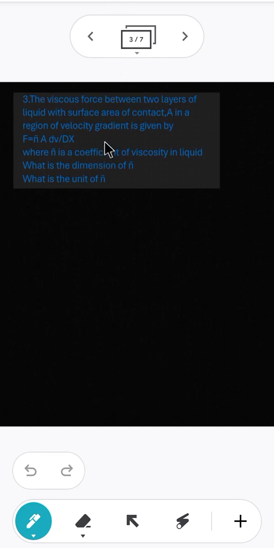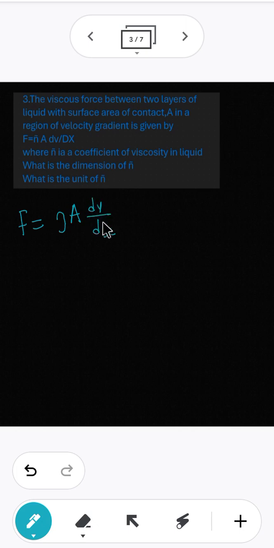The viscous force between two layers of a fluid of liquid with surface area of contact A in a region of velocity gradient is given by F is equal to N A, the V over the X, where N is the coefficient of viscosity. Let's see, what is the dimension of N and what is the unit of N?